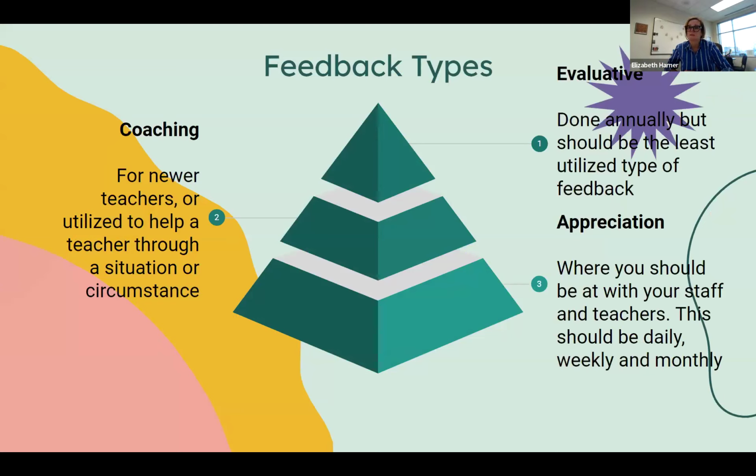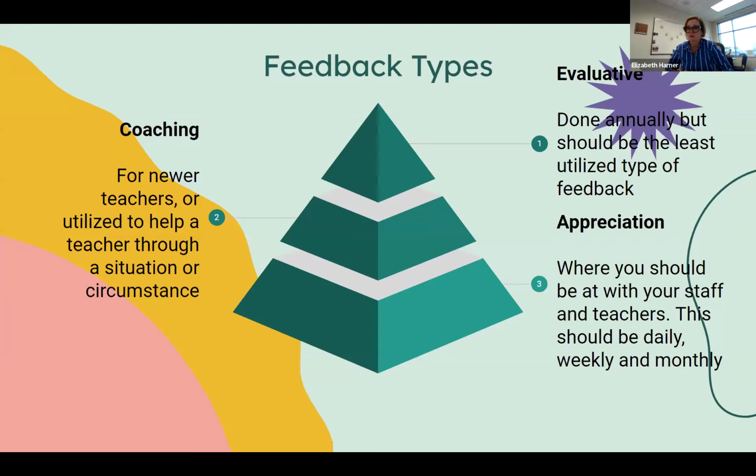That is probably the least effective type of feedback, because a lot of times it's a checking the boxes kind of thing. I'm not saying that evaluations aren't a good thing. We need those. But if that's the only type of feedback you're giving your teachers, then you're not really building your collaborative mindset with them.